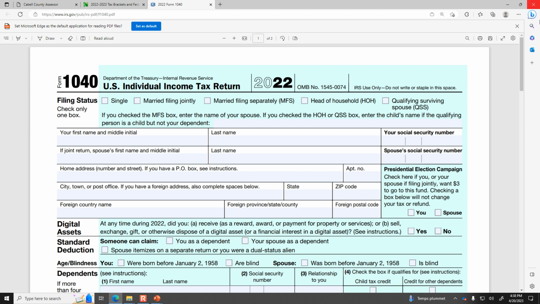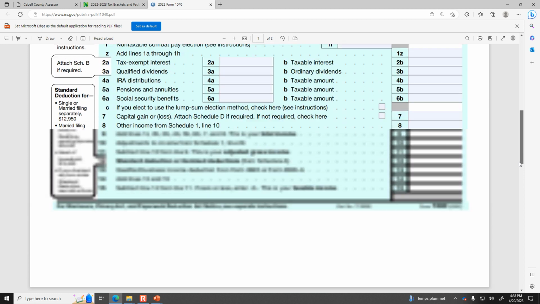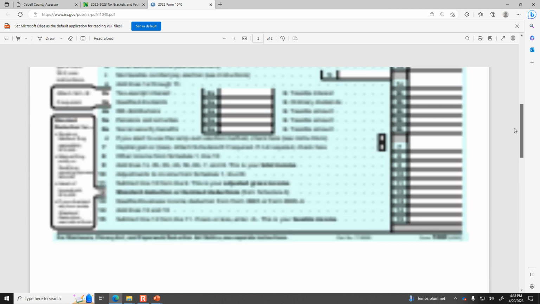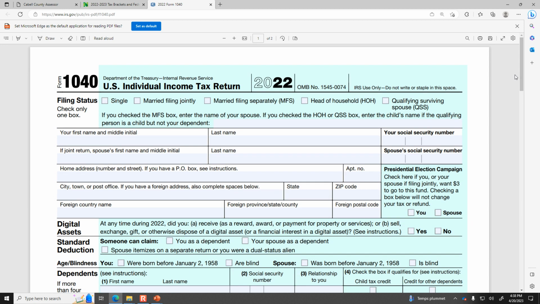The instructions for this is like a 2-page document. The instructions are dozens and dozens of pages long with lots of extra definitions and stuff. And so all the online companies that exist to help you file your taxes, mainly what they're doing is they're just explaining these different things in language that's easier to understand than the IRS instructions do.